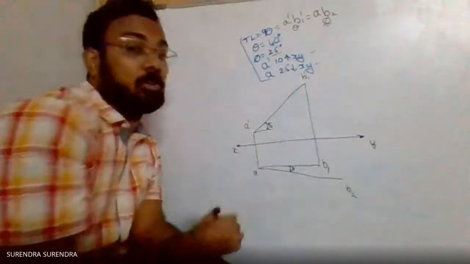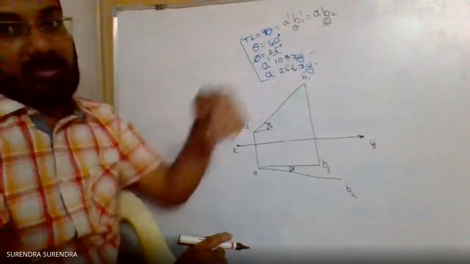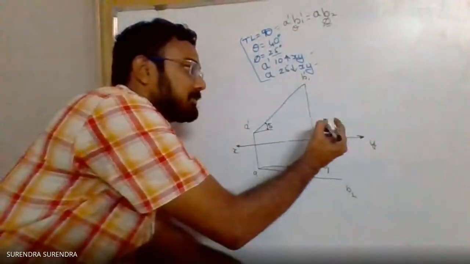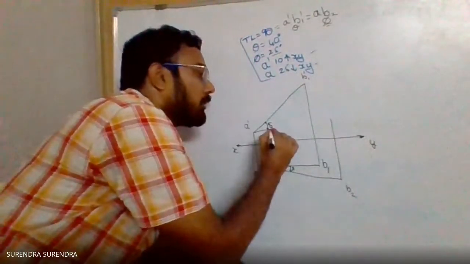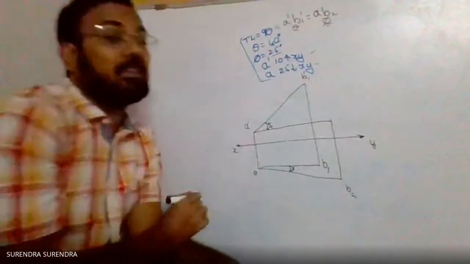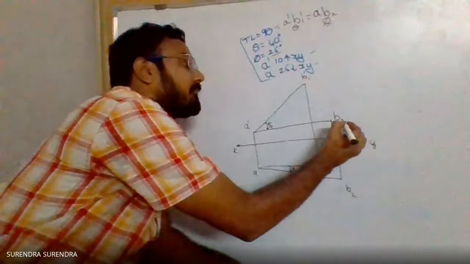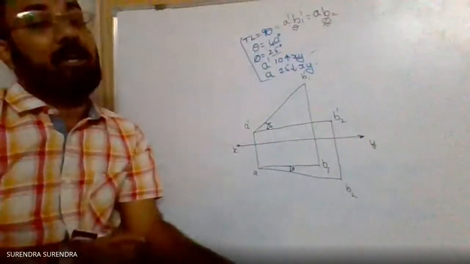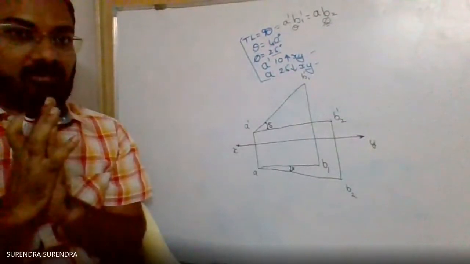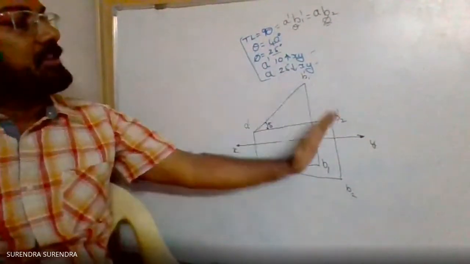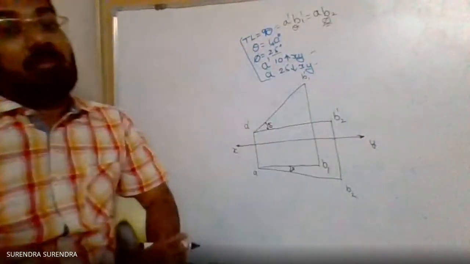For getting B2 dash, we have the top view point, so for the front view point B2 dash, draw a projector from B2 and a horizontal line from A dash. The intersection is B2 dash. Now we got the first relations, that is the line inclined to the horizontal plane and the line inclined to the vertical plane.